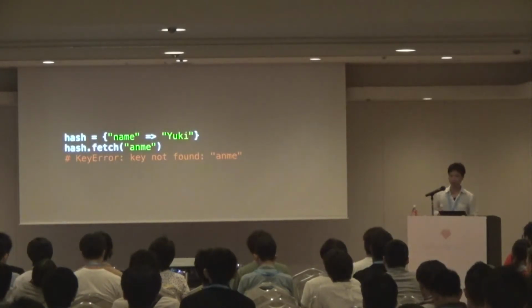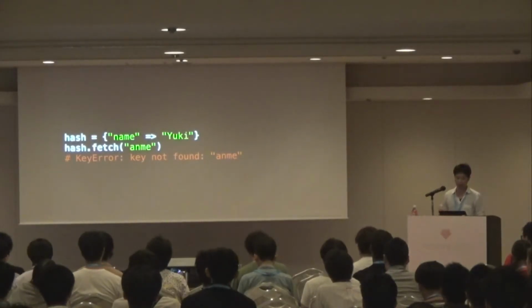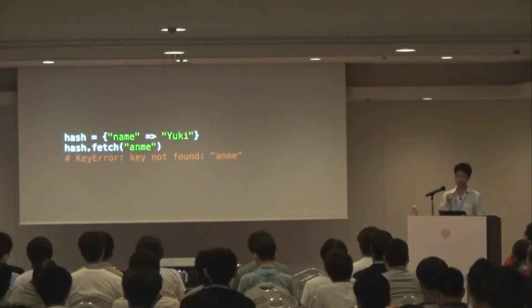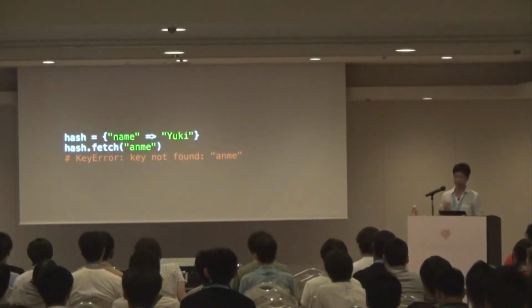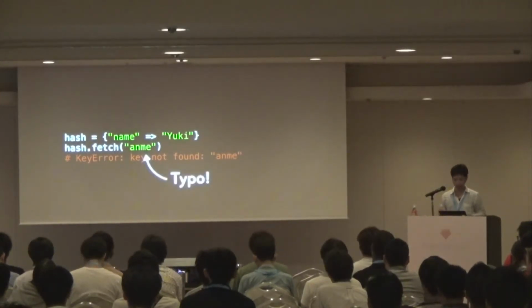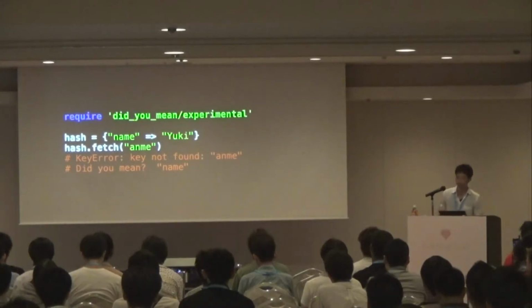And then the next one is KeyError. I think it is becoming more popular to call fetch on a hash object. And right now, if you give a key that doesn't exist in the hash, it'll just raise a KeyError. But sometimes you make a typo in the key name, like this. But again, if you require DidYouMean experimental, it's going to look up the correct key name for you.